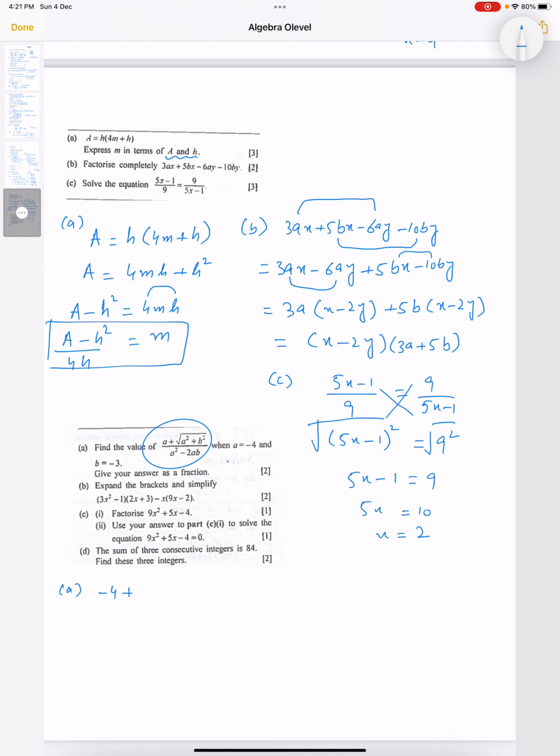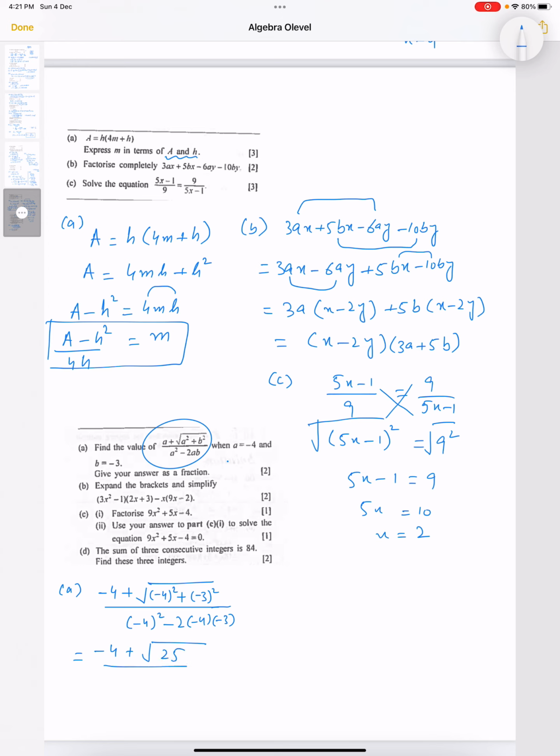Minus 4 plus square root minus 4 square plus b square, which is minus 3 square, over a square minus 2ab means minus 4 square minus 2 into minus 4 into minus 3. So we have minus 4 plus, it is 16 plus 9, which is 25 obviously.